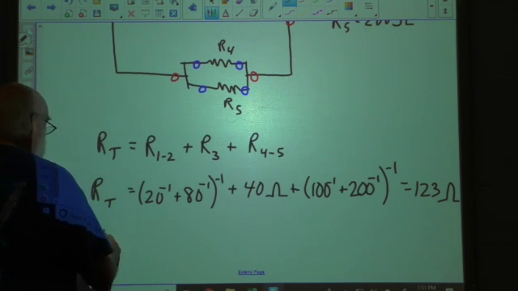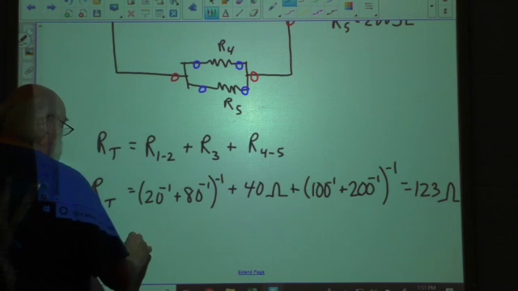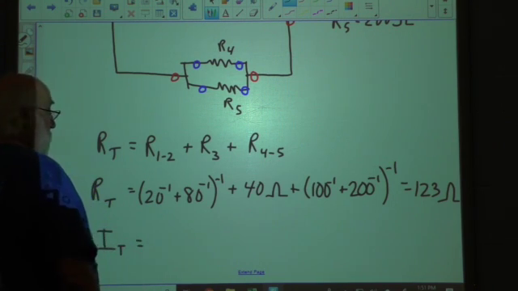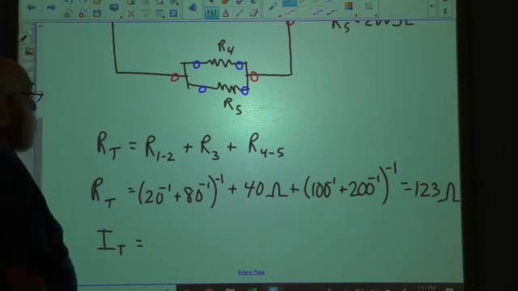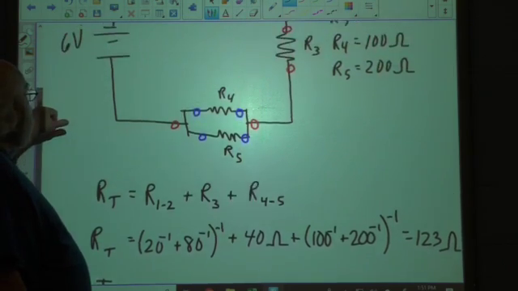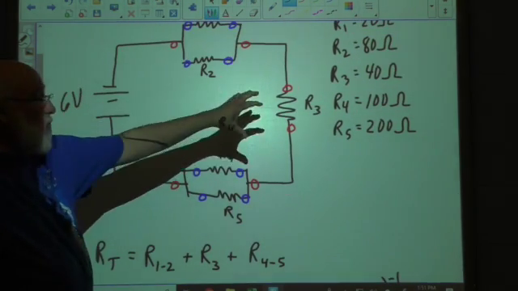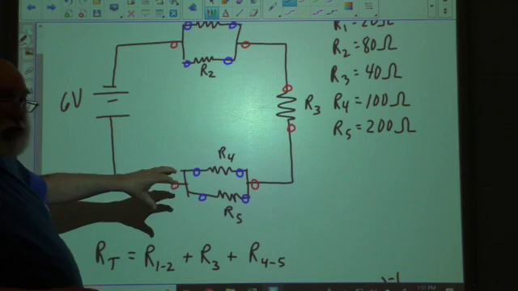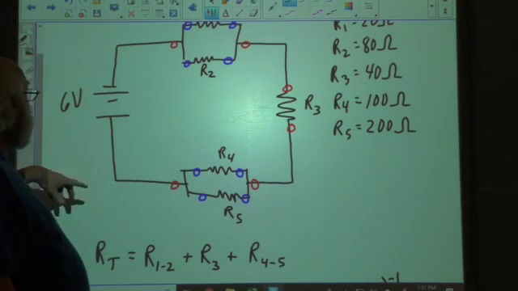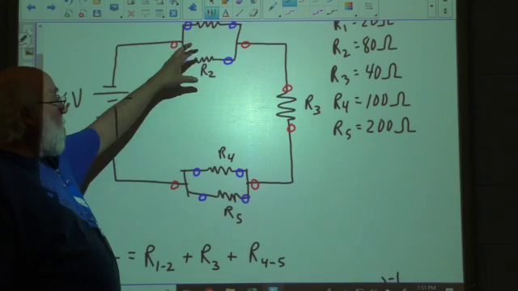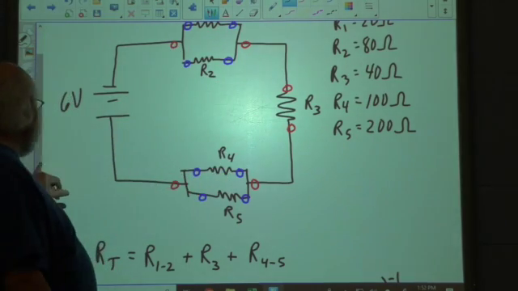All right, so we got I total, and that's going to be equal to, now again, we're going to treat this like it's a series of 3 different resistor systems. So the current going across each system is going to be the same.